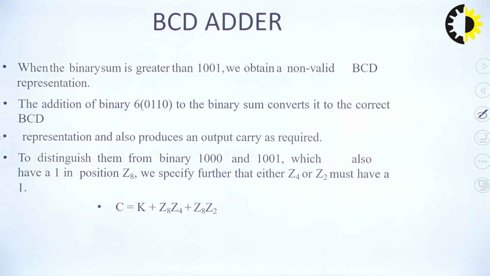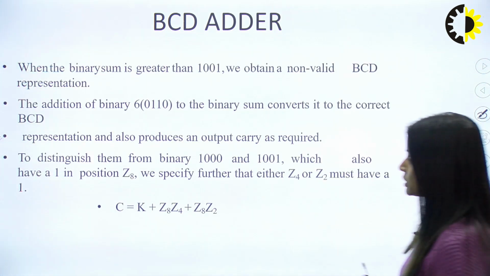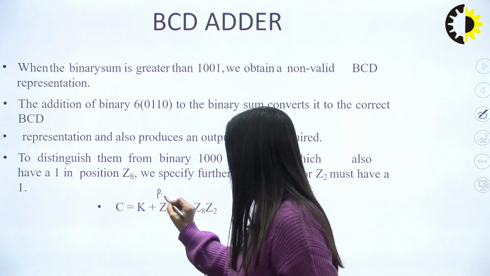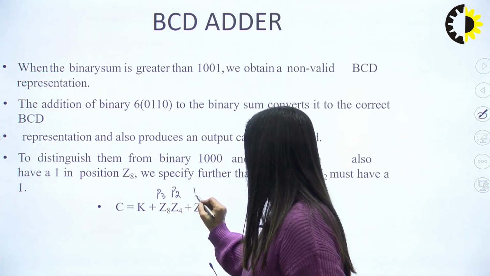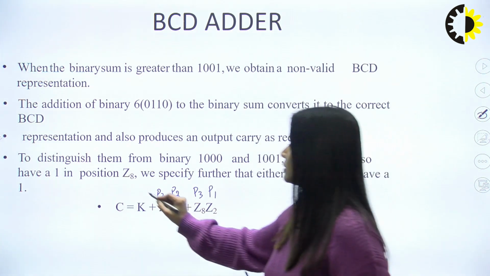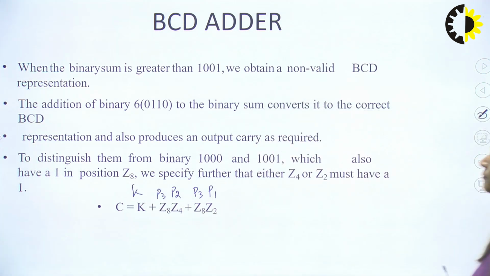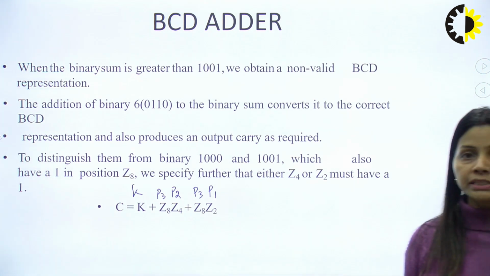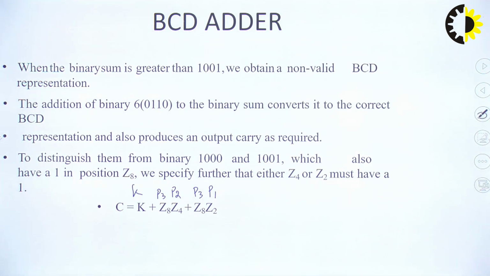So this is nothing but P3, P2, P3, P1 and K. So when the binary sum is greater than 1001, we need to obtain a non-valid BCD representative, as I said and explained in the table.